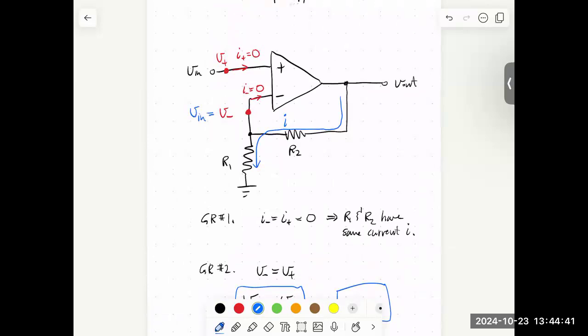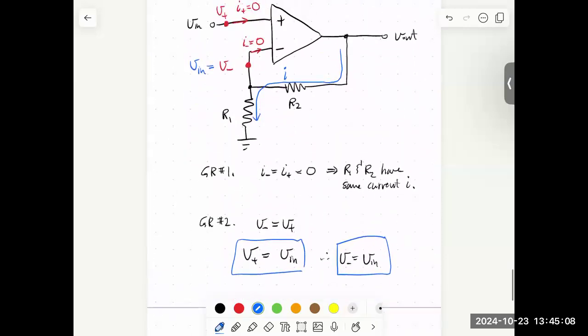That's the golden rule. That's what allows us to analyze these circuits in a straightforward manner. So we have a Vin here. Okay, now golden rule stuff is finished. All we have to do is use our standard Kirchhoff tools to analyze the rest of the circuit. For example, we could start at this node, which is at voltage Vin, and we could follow the current through R1 to the resistor, to ground.